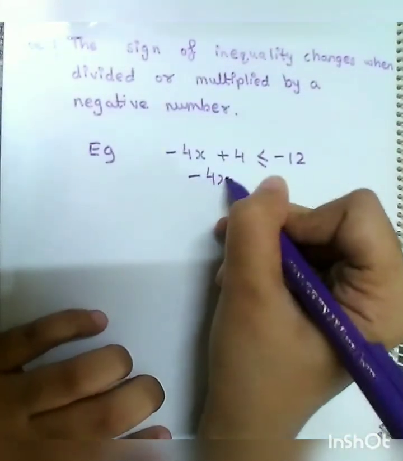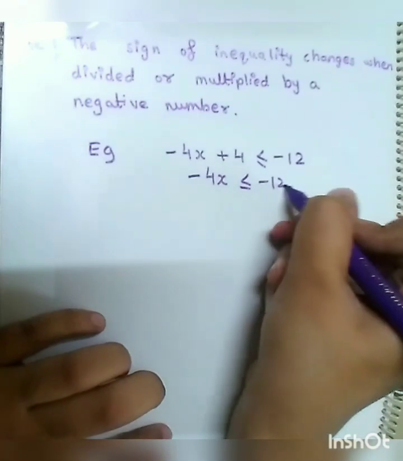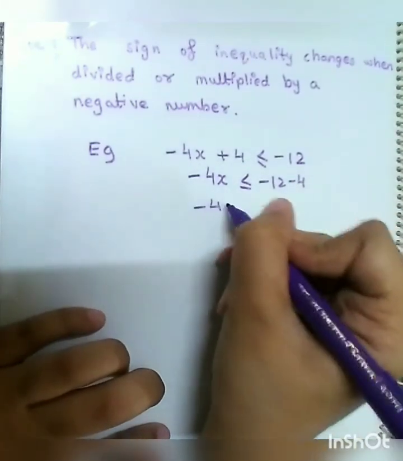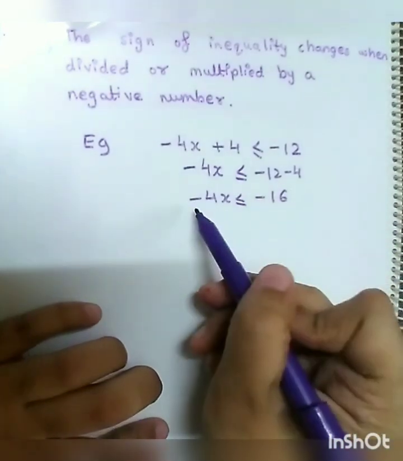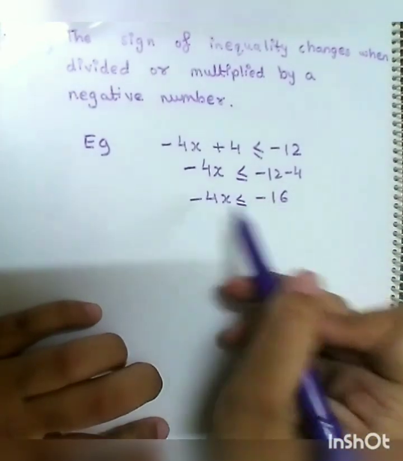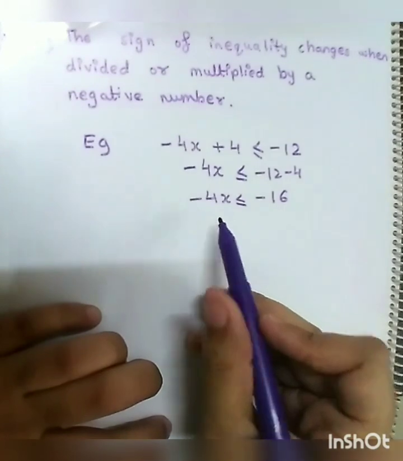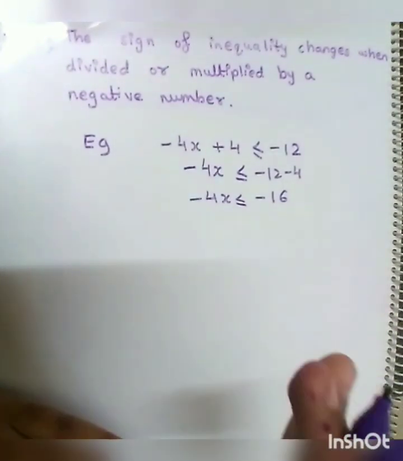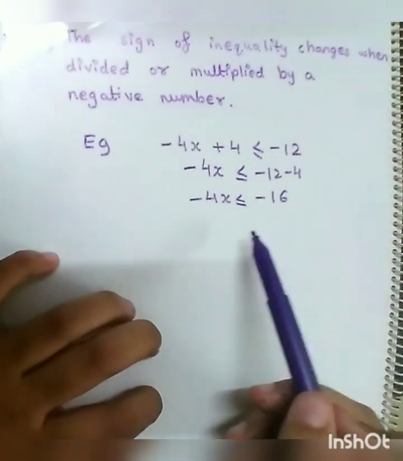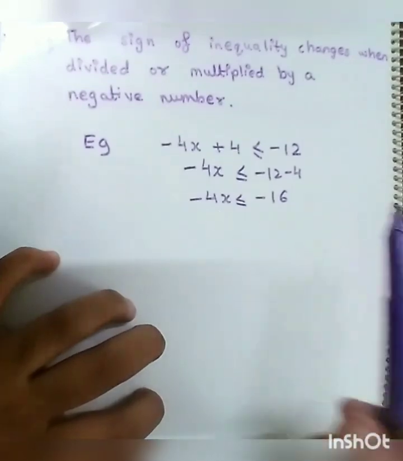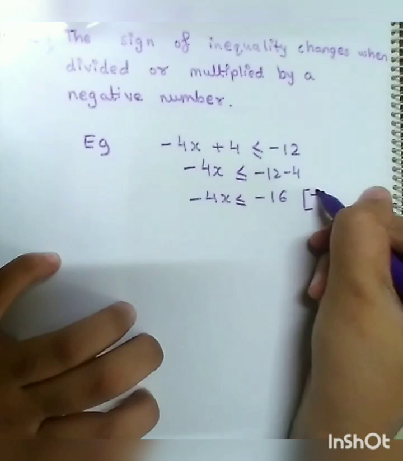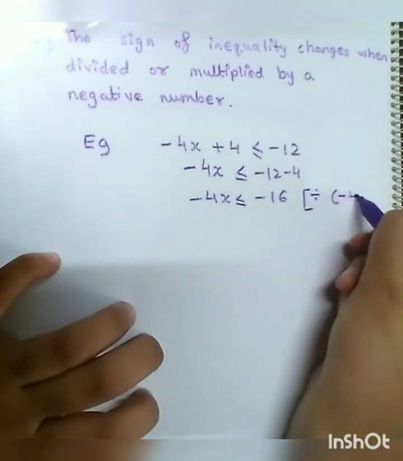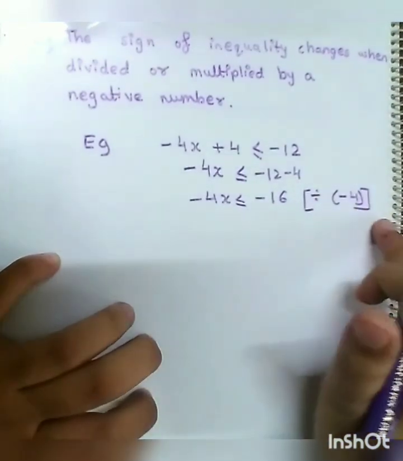Minus 4x is less than or equal to minus 12 minus 4. Minus 4x is less than or equal to minus 16. Now both terms have minus, but the variable x should never have a negative term. So we will have to divide by negative 4. This inequation is divided by negative 4, right? You don't have to write it.